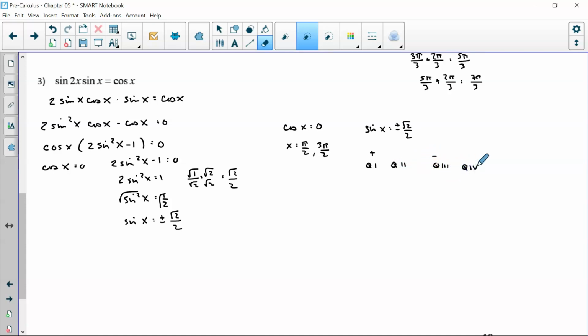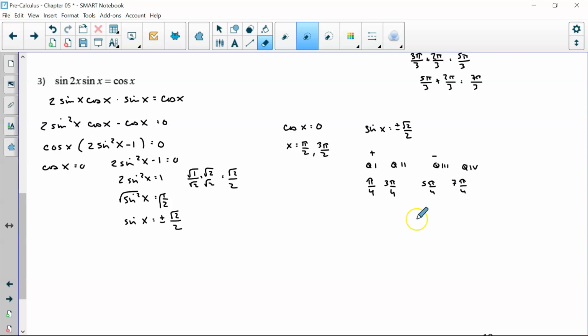Now to get that root 2 over 2, that means we have a pi over 4. We're in all quadrants. So pi over 4, to get us into quadrant 2, 3 pi over 4. Quadrant 3 is 5 pi over 4, and then 7 pi over 4.